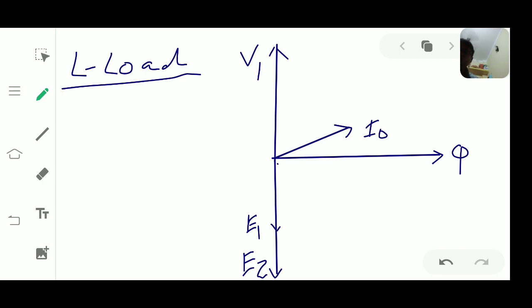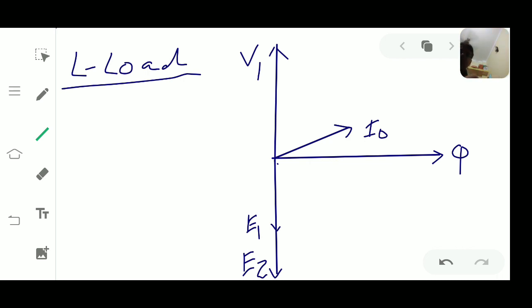Now we will draw I2. So where should I2 be? Since this is an L load, that is inductive load, as we know, in inductive load current always lags behind voltage.